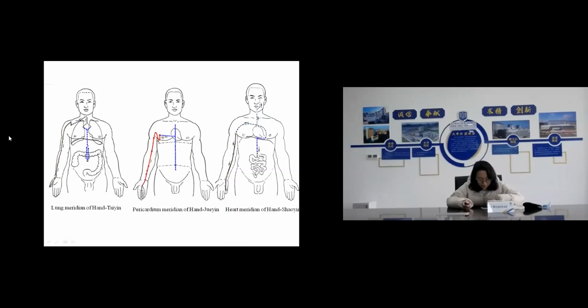Next one is the pericardial meridian of hand, Jue Yin, in the medial border of the body, from the chest then to the third finger. The third one is the heart meridian of hand, Shao Yin, from the chest then to the fifth finger.